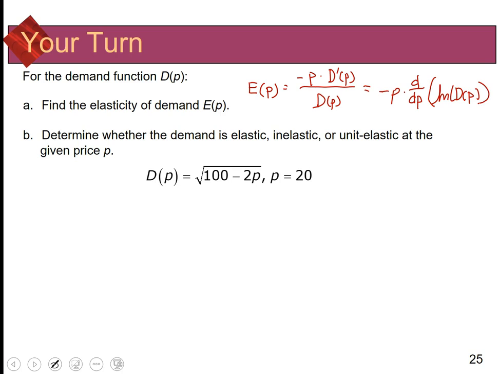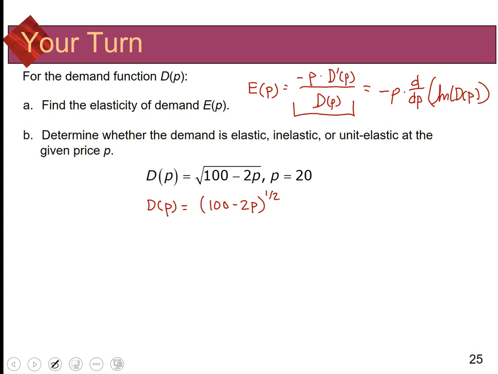A lot of the circumstances are going to fit this formula best, so a natural log is not necessarily going to help you considerably with it. So for this one here, D of P equals (100 minus 2p) to the 1/2 power.